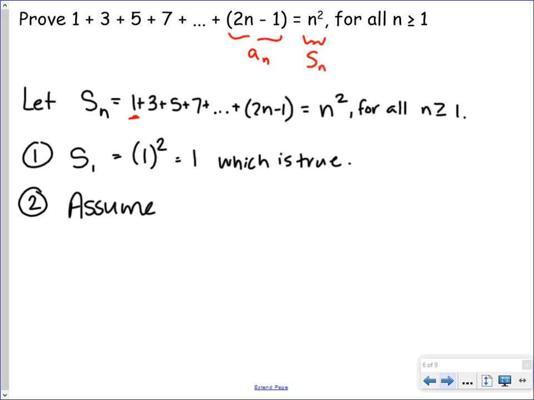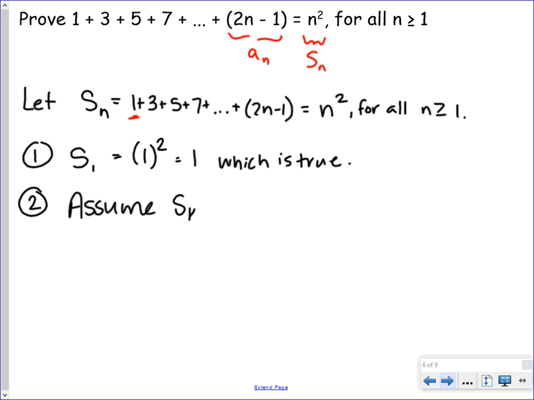And what we're going to do is take this series formula, this s sub n equals n squared, and assume it's true when n equals k. So we're basically going to copy this line again, replacing all the n's with k's.